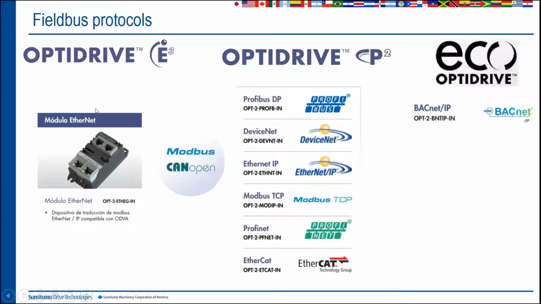It's not here, but there is also another module, a Profibus DP module. But the Optidrive P2 is compatible with other fieldbus protocols, such as Modbus TCP, Profinet, Ethernet, as well as devices, for example, for old Allen-Bradley control systems.